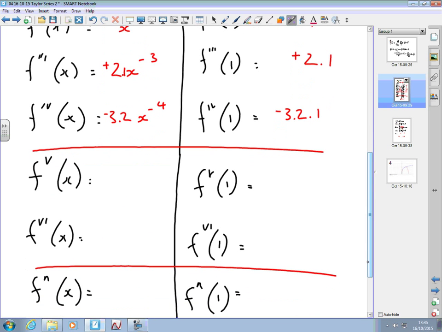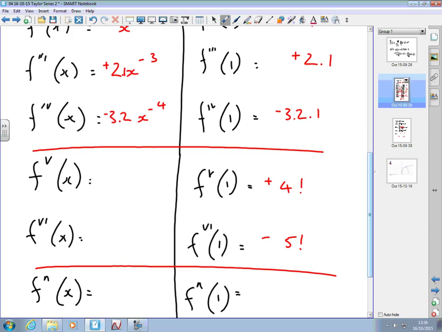So what can I do now to write down what the next 2 terms are? Well, let's take one off. The fifth derivative is 4. It was plus before, so that must be 4 factorial. The next derivative is the 6th derivative, so now minus 5 factorial. So that's the next one. And if I do the differentials, I can see that that works.